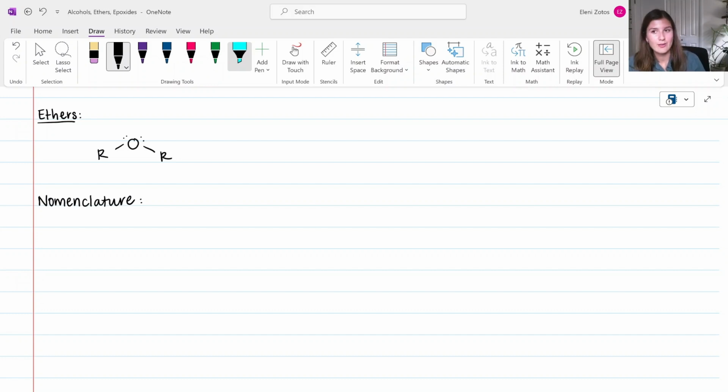And for ethers, they're actually more referred to through their common names than through the IUPAC name. So we'll talk about both, but really we want to remember the common names of ethers.